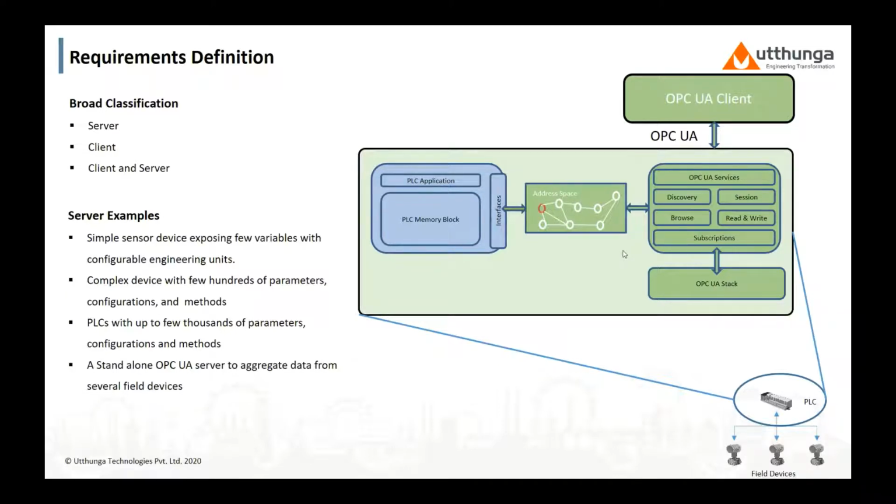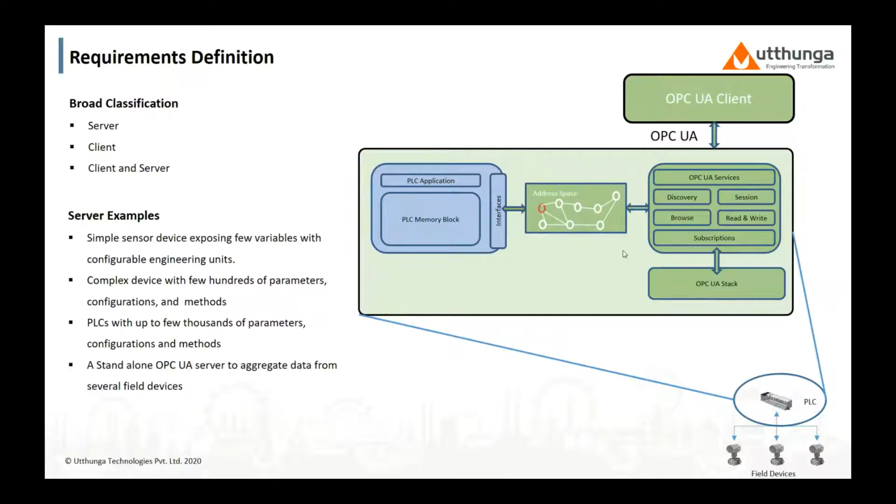And it can be a very complex device where hundreds of parameters are exposed, and there are different ways to configure, and you can have different methods which can be invoked from the client to do the configuration of the device and so on. And there are PLCs with a few thousand parameters, and then how do you configure the PLC to fetch the data from the connected devices, and different methods associated with it.